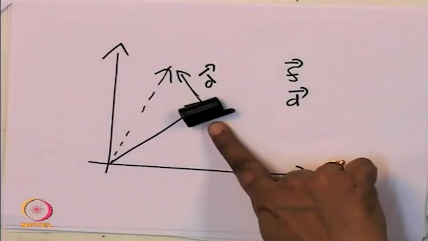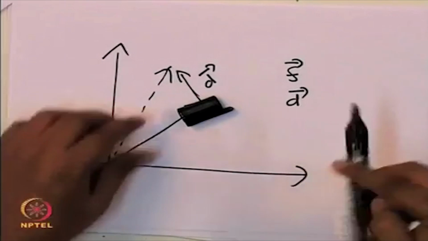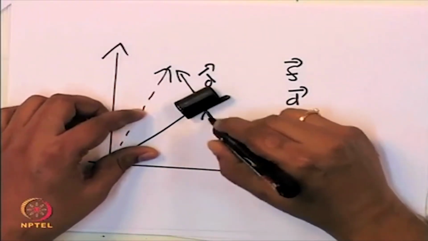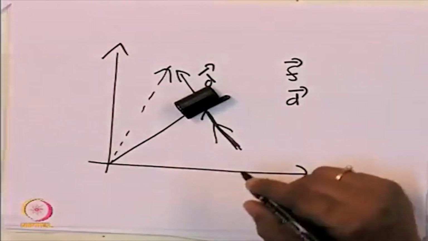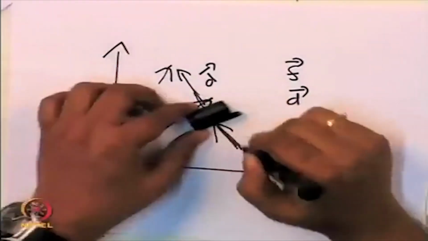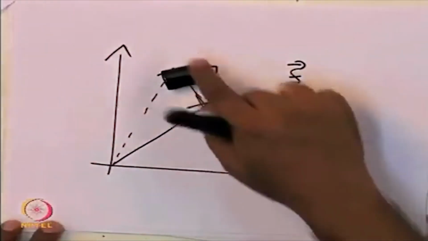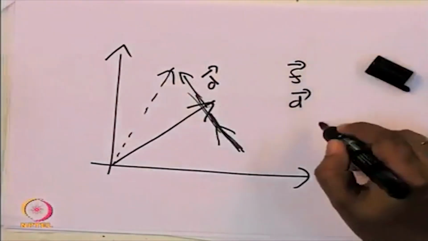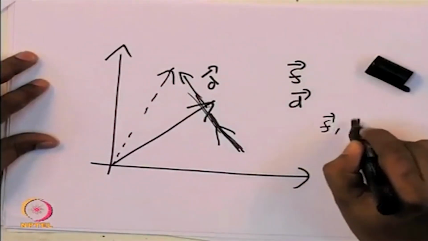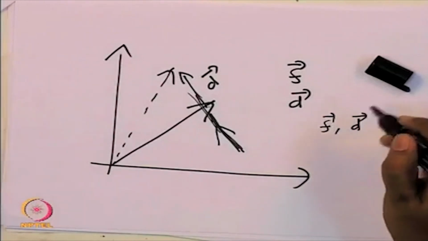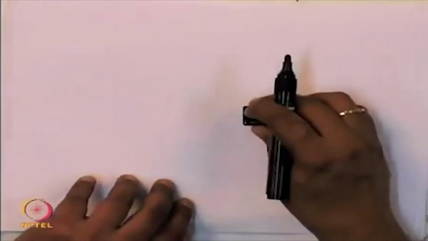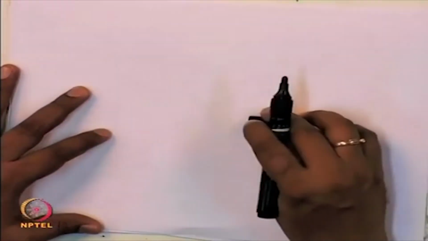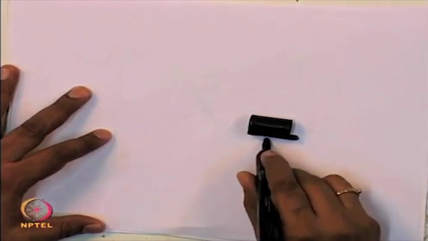If I apply a force in this particular direction, and it is moving in the same direction, the angle between the force and the distance matters. Let me explain this again. You have an object here, and you want to apply a force in this particular direction to move it.